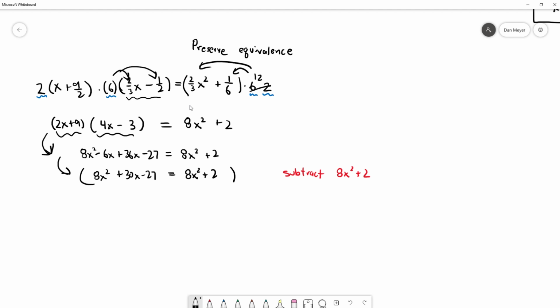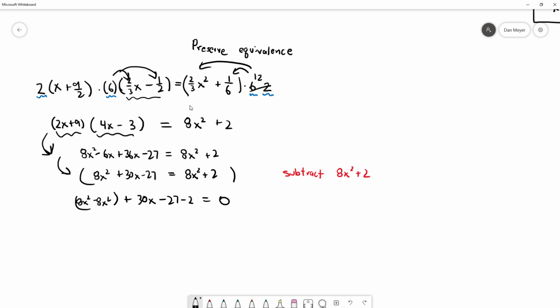And I get 8x squared minus 8x squared plus 30x minus 27 minus 2 is equal to 0.